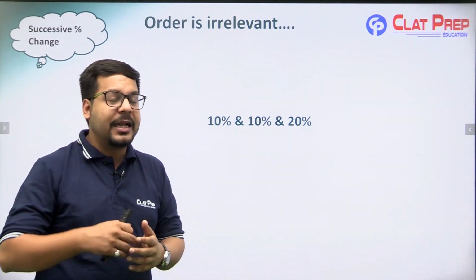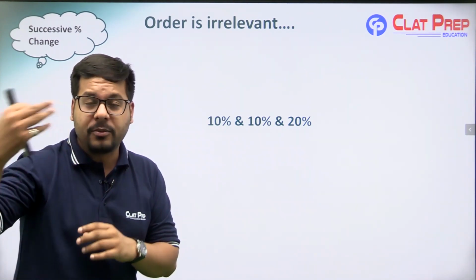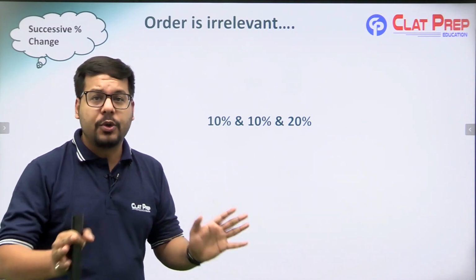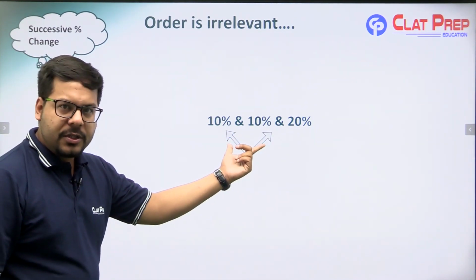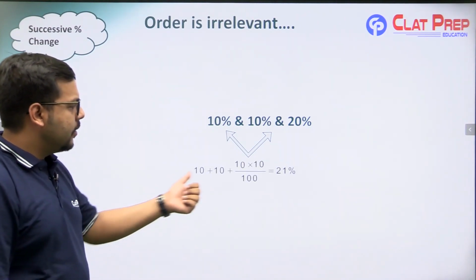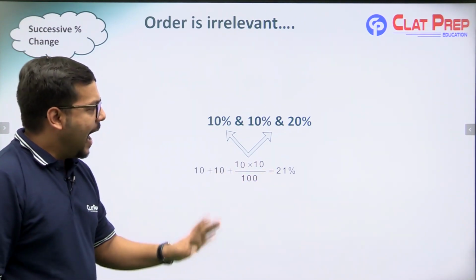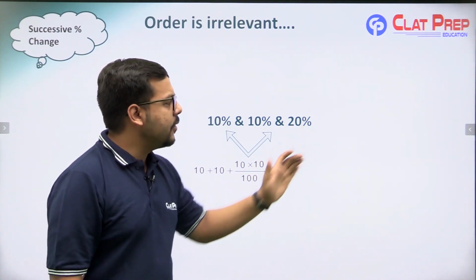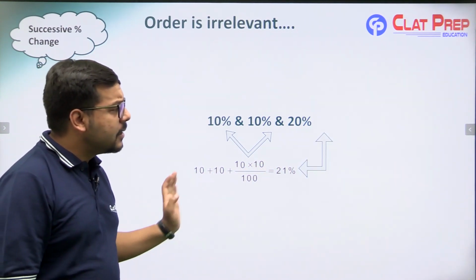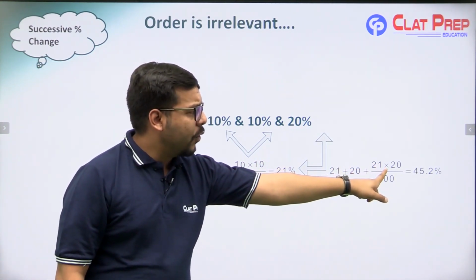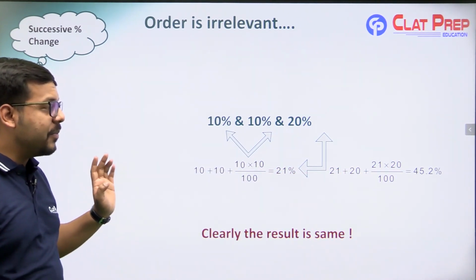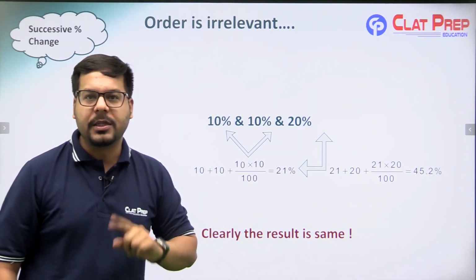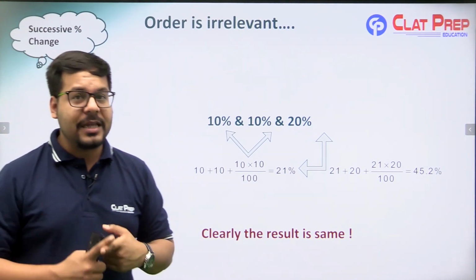Now some of you might feel that it will change because 20 is used later, but the answer is no, it will not change. I use successive for the first two percentage changes, that is 10 and 10. So the result will be 21%. And then I will use this result 21% with 20%. That is 21 plus 20 plus 420 by 100. You can see the overall result is still the same, that is 45.2%. So moral of the story, the order is irrelevant.